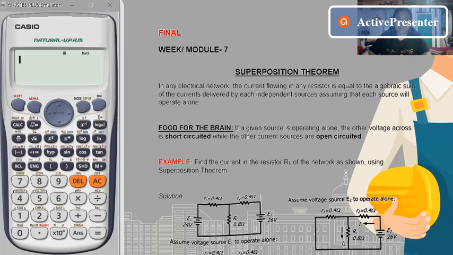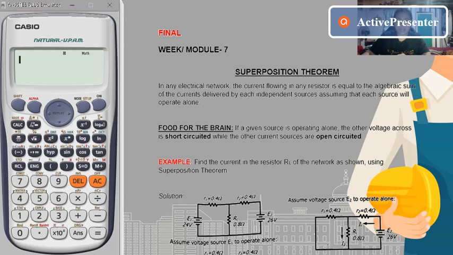So kaning superposition theorem, ang current is the algebraic sum of the currents flowing in any resistor. So food for the brain: if a given source is operating alone, the other voltage sources are short-circuited, while the other current sources are open-circuited.